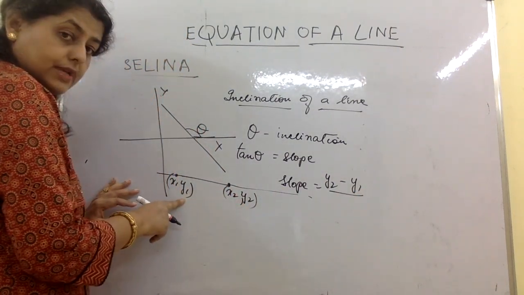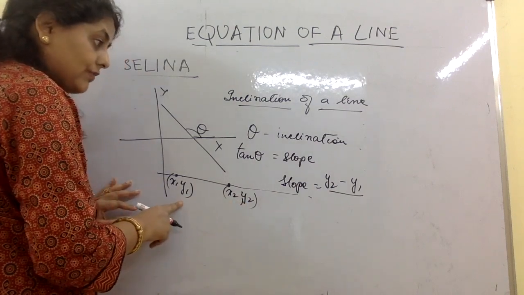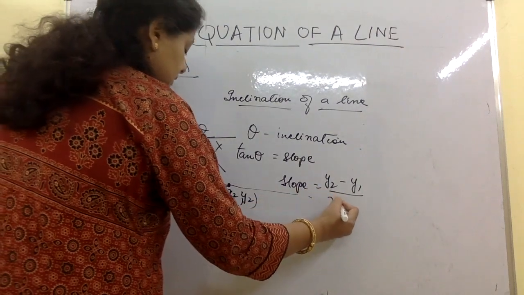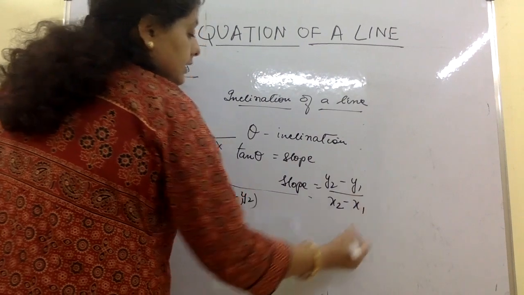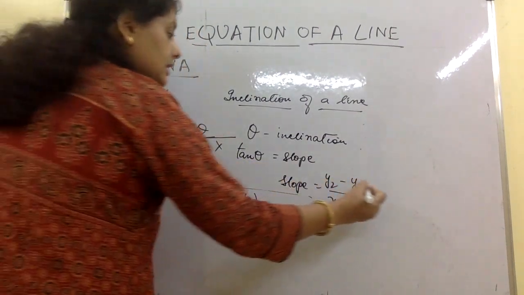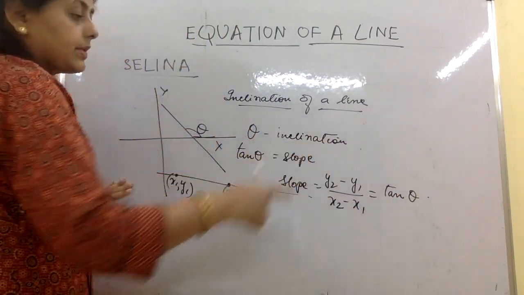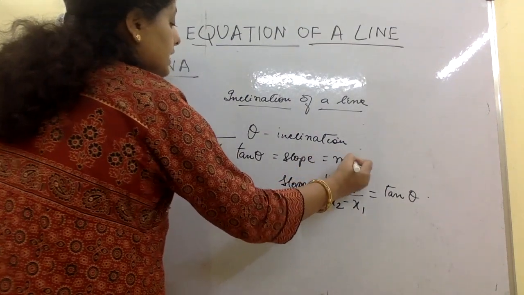y2 minus y1, that is the difference of the y coordinates by the difference of the x coordinates. That is the slope of the line, means that itself is equal to tan theta. So they are all the same. Tan theta is also written as, slope is also written as m.